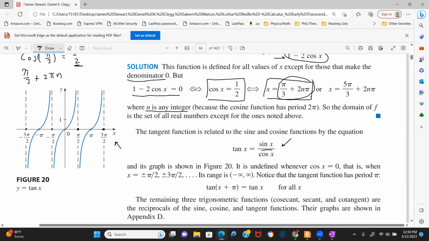Well, it's because this is where cosine is 0. Again, if you just consult your unit circle, cosine is zero at these values right here. So I guess more generally, it would just be pi n, I guess.